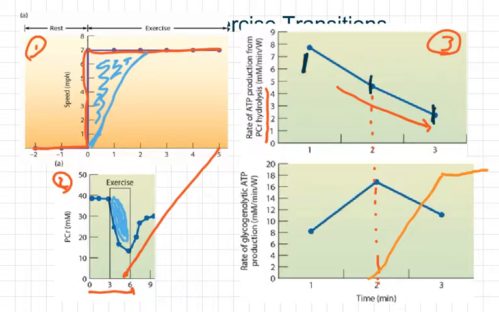And additionally, we see ATP synthesis through the glycolytic pathway beginning at minute 1 and reaching its peak at minute 2 and dropping off by minute 3. Also, these graphs show a secondary point that I've been trying to make, which is that the energy pathways work in tandem. Even though they peak at different rates, they're always working in conjunction with each other.